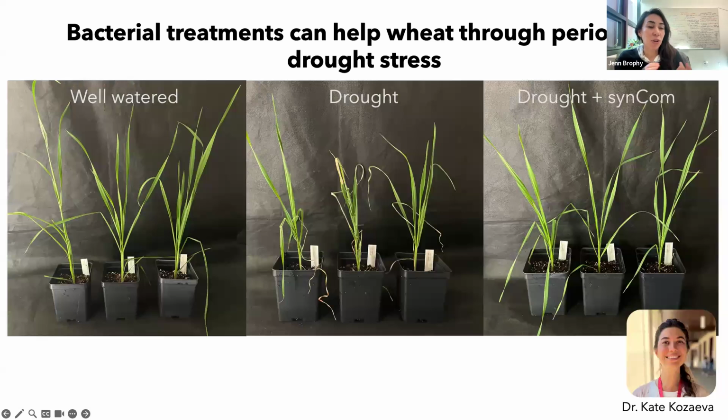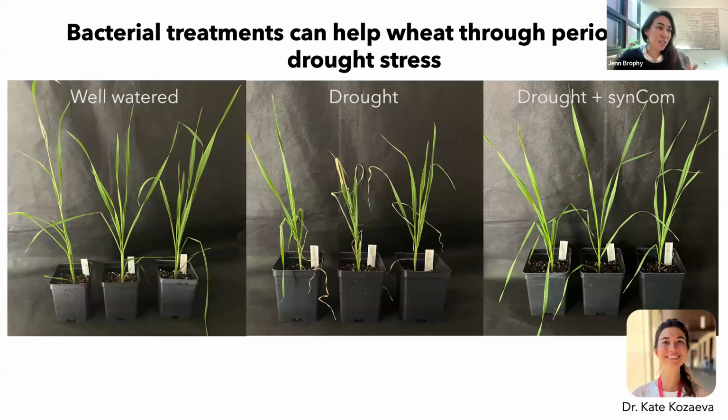So there's a great postdoc in the lab, Kate, who has been trying to see if she can design collections of bacteria that help protect plants from drought stress. And I'm not going to tell you about how she's been designing those communities. This is just an example showing wheat plants that she's grown that were well watered versus droughted, or droughted with a synthetic community of bacteria that are supposed to be protective from drought.